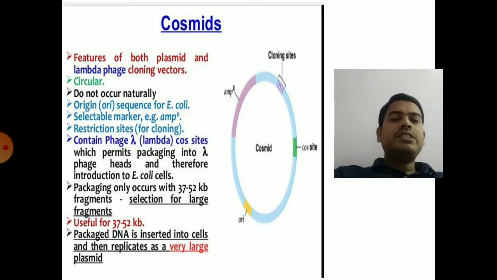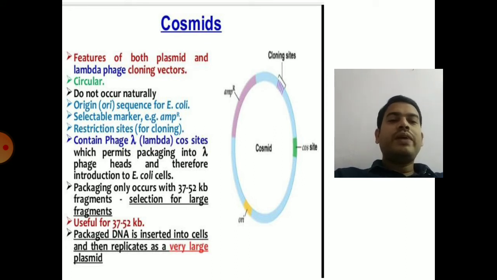These cosmids are used because they have more packaging size when compared to lambda phage, that is around 37 to 52 kb of your foreign DNA can be inserted into the cloning site. Since they contain the origin of replication of E. coli, you can obtain multiple copies of your foreign DNA along with your vector.